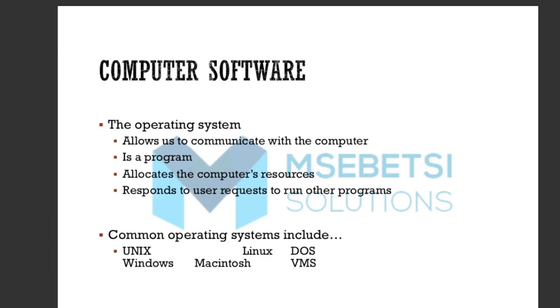It's vice versa. So the operating system allows us to communicate with the computer to do the task that we want to do. It is a program, but like I mentioned earlier, it's not an editable program, it's a system program. It allocates the computer's resources.